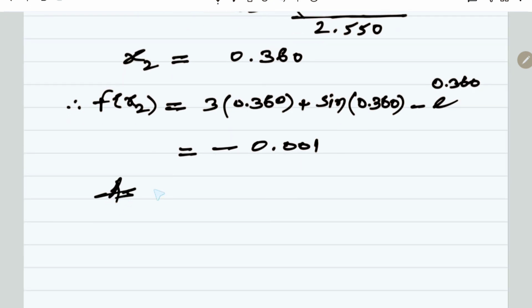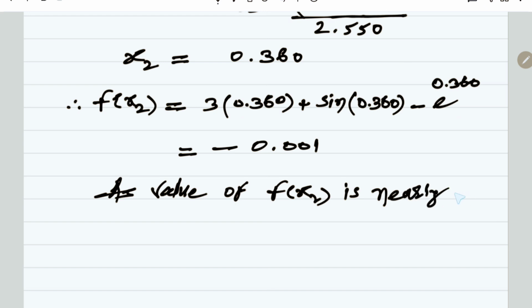The first two digits are 0, which means it is nearly equal to 0. That much error is permitted, 0.001 error is allowed, and therefore we stop the iterative procedure, and the approximate value of the root is the corresponding value of x, which here is 0.360.